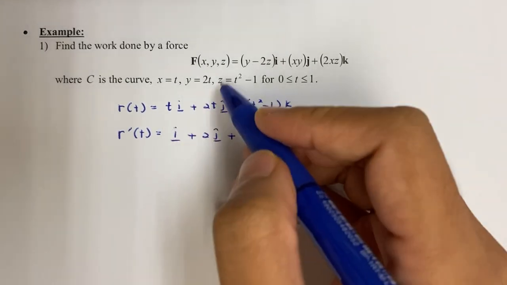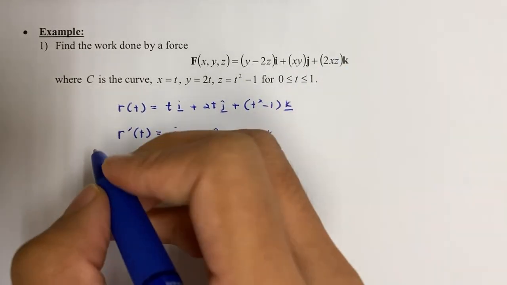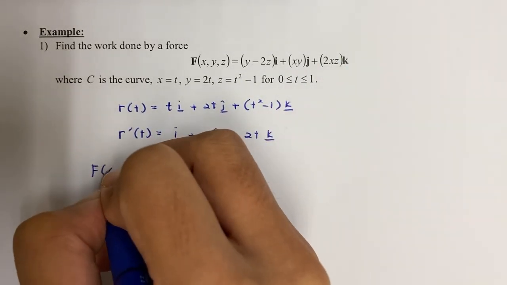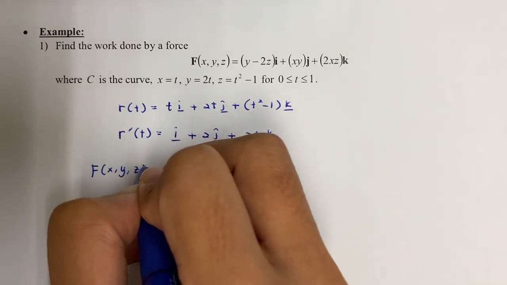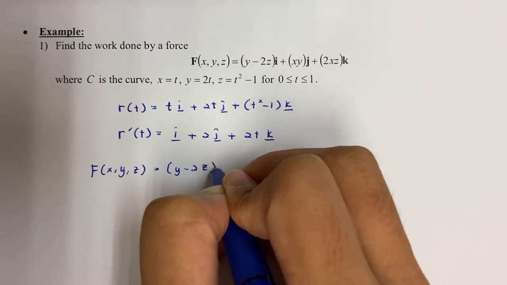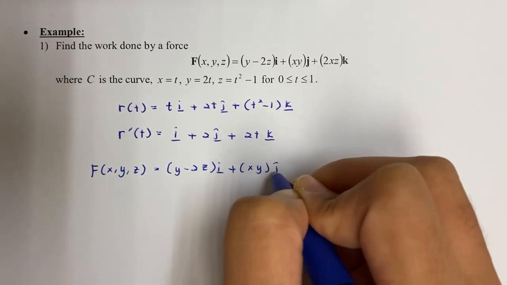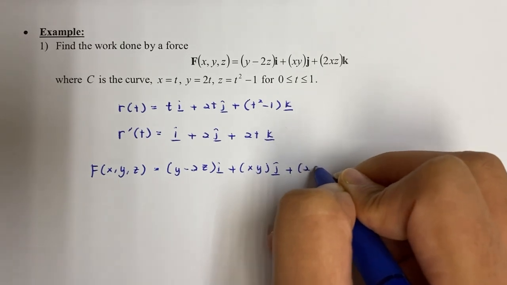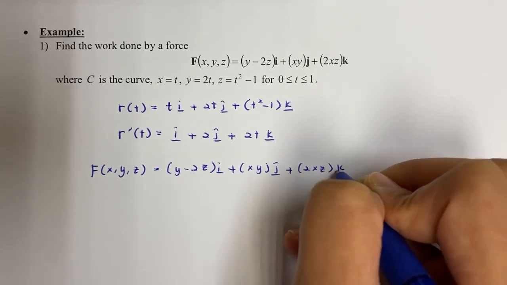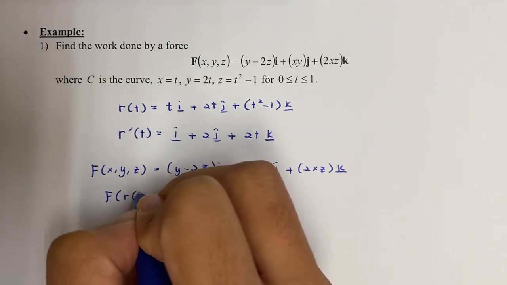Just differentiate one by one for i, j and k. And then substitute your F(x,y,z), which is equal to (y minus 2z)i plus xy j plus 2xz k. Substitute this into F(r(t)).